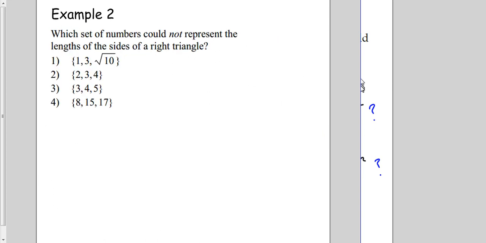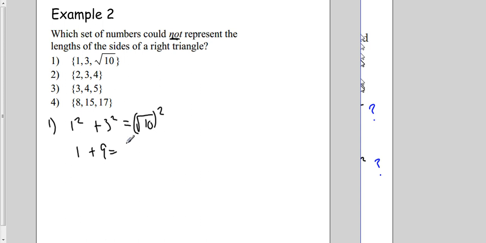Let's look at another example. It says, which set of numbers could not represent the lengths of the sides of a right triangle? So again, we have to check which one of these will not. So this time it will not satisfy the Pythagorean theorem. So let's begin with choice 1. 1 squared plus 3 squared, does that equal radical 10 squared? 1 squared is 1, 3 squared is 9.